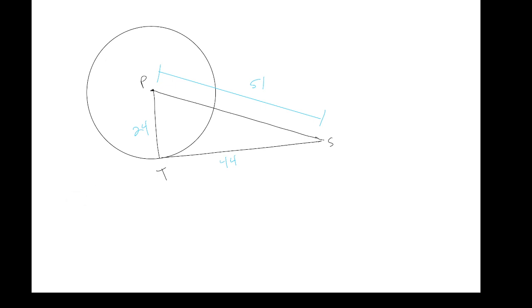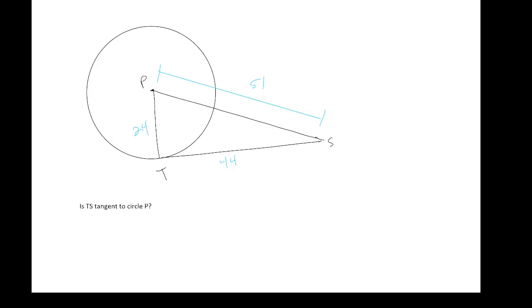Gentlemen, question. Is TS tangent to circle P? Well, you'd have to think about this. If TS is a tangent line, it would mean that a right angle exists right here. If there's a right angle there, then that would create a right triangle relationship between PT, TS, and PS.